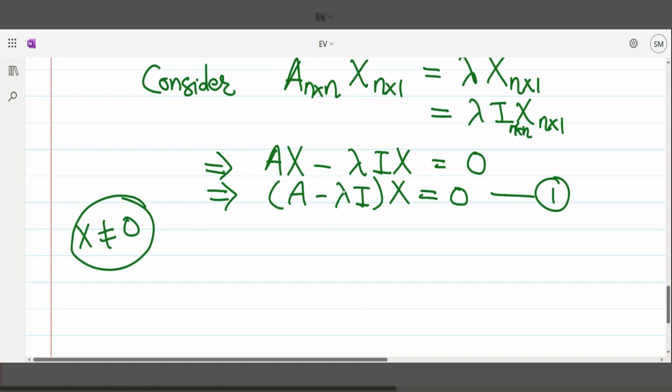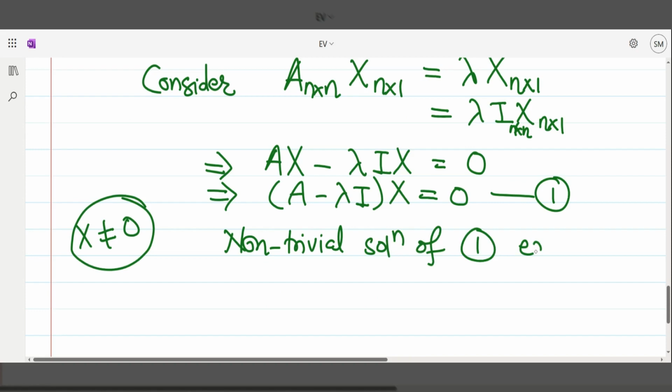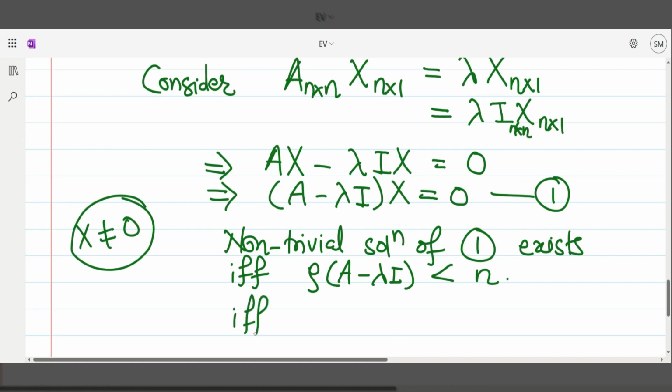From our previous knowledge, a non-trivial solution of 1 exists if and only if the rank of A minus lambda I is strictly less than n, and that is equivalent to saying that the determinant of A minus lambda I is equal to 0.